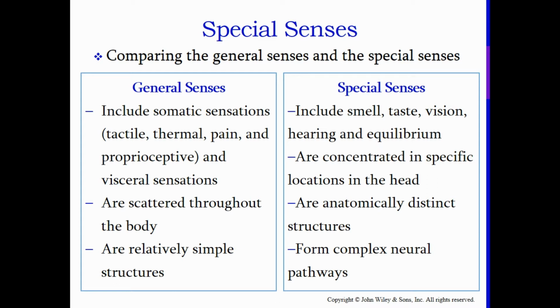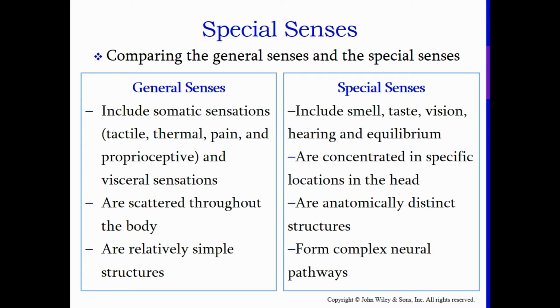By comparison, special senses, we're going to include very localized. Instead of being all over the body, these are localized into definite small areas, including smell, taste, vision, hearing, and equilibrium. General senses are scattered throughout the body. Special senses are concentrated in specific locations in the head.